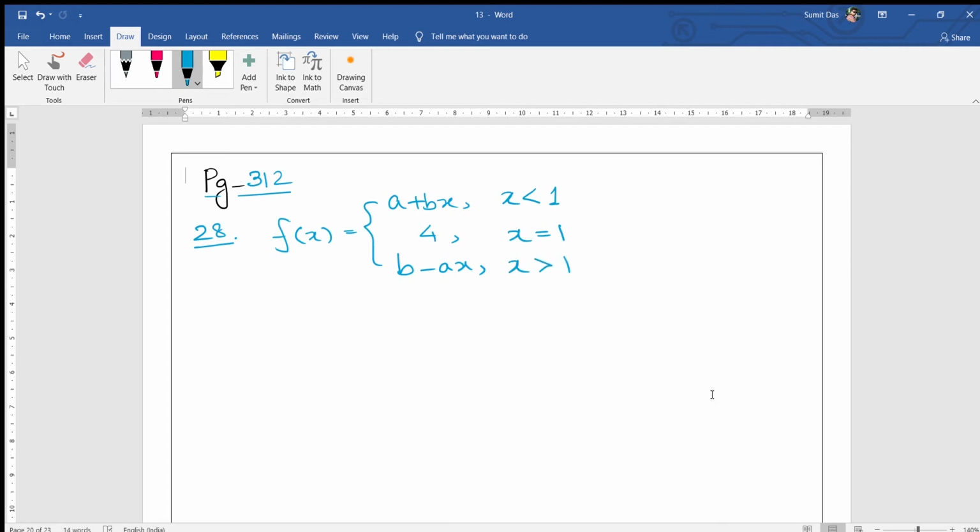Okay, so this is the thing: we have f(x) where three cases are given: when x is less than 1, when x equals 1, and when x is greater than 1.